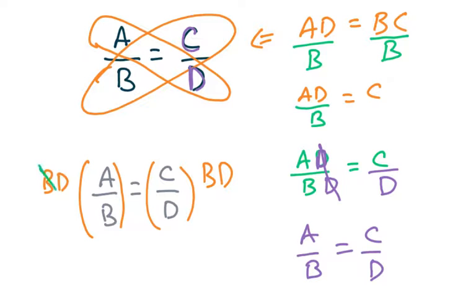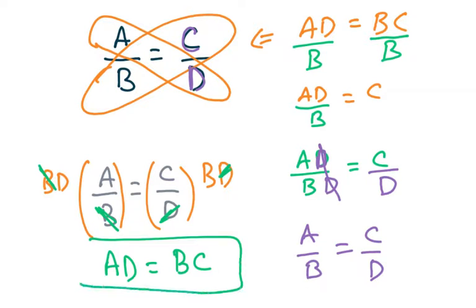When we do this, B and B divide out and we get A over D, and here D and D divide out and we get B over C. That's another reason why cross multiplication is a legit move. So what have I really done? I've taken something we've learned before: we can add, subtract, multiply, and divide as long as what we do to one side of the equation we do to the other. We see that that's what's occurring here, and we proved to ourselves that A over D equals B over C when we cross multiply.